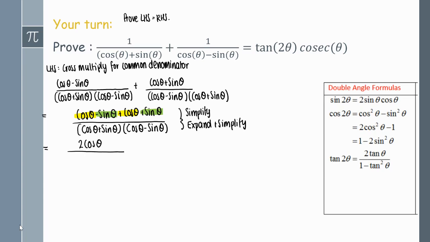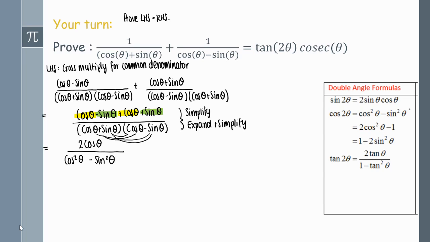And on the denominator, this is nice. I'll have cos squared theta, then I'll have minus sine theta cos theta plus sine theta cos theta. So those two will cancel out. And then lastly, I'll have minus sine squared theta.